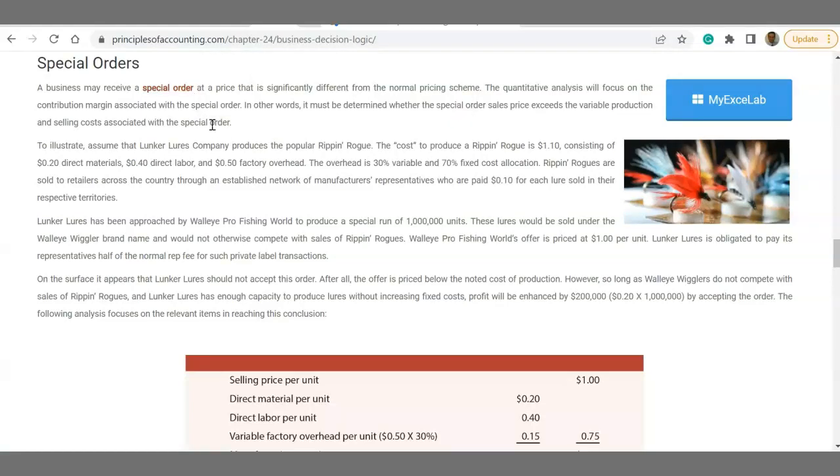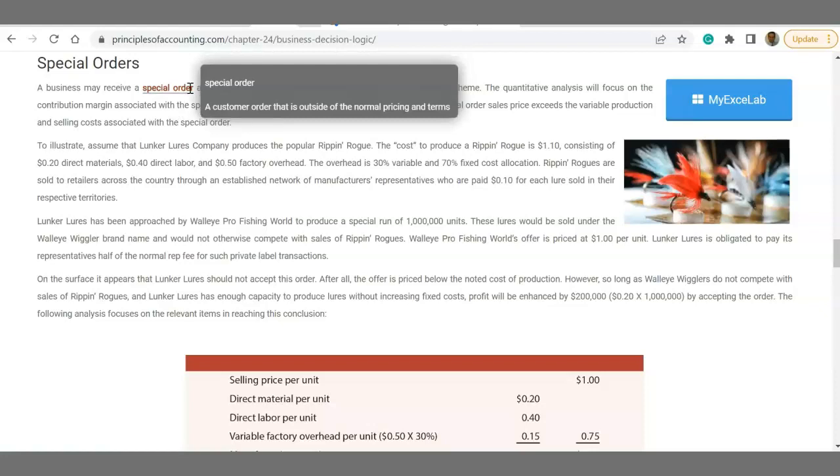The other thing that is important in a special order is to understand at what capacity you are producing right now. If you are below capacity, within that relevant range of production, and you can take that special order without buying any new equipment or renting a new factory or investing anything, yes, that might be a good special order.